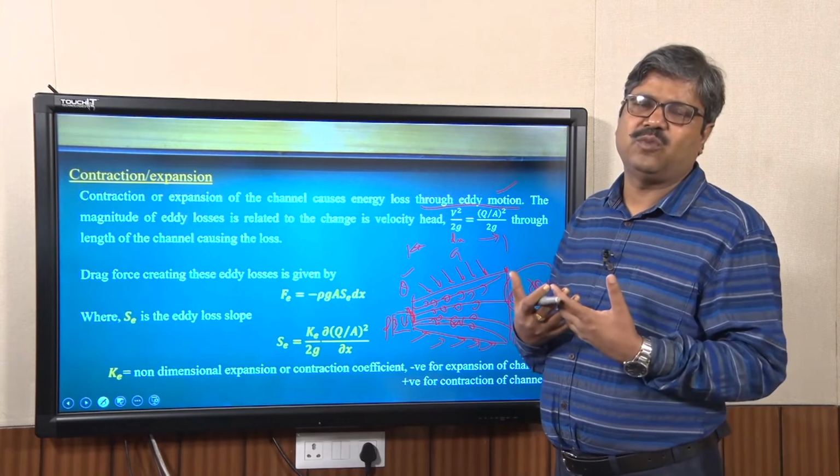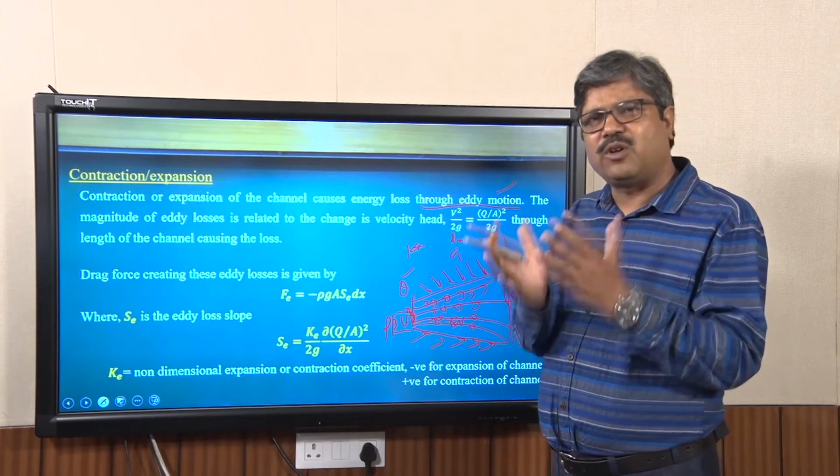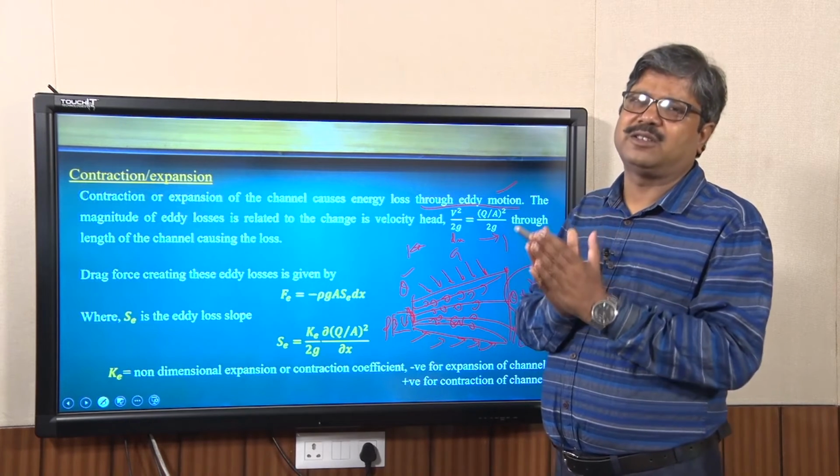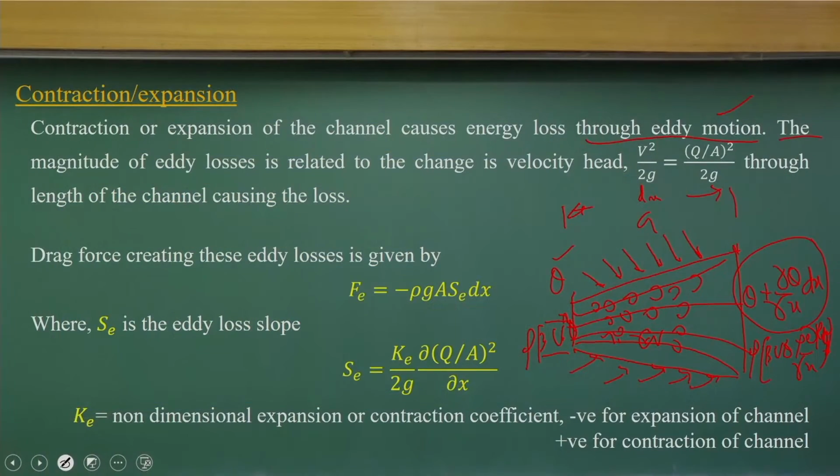In exactly the same way, for channel expansions we follow this pipe flow minor losses concept. We consider the energy loss to be related to the change of velocity head.